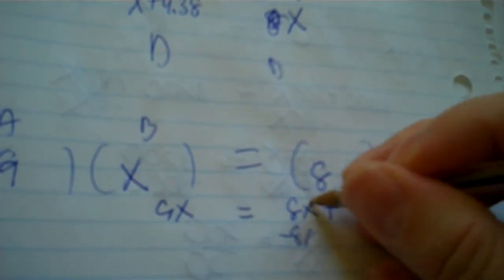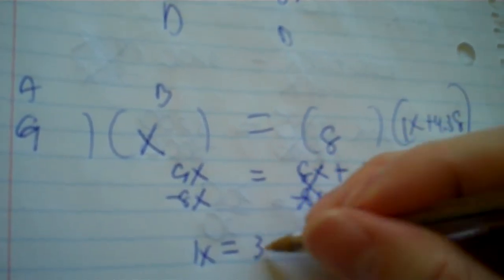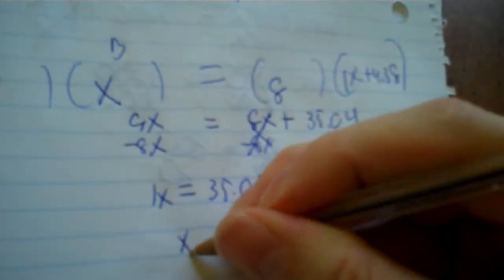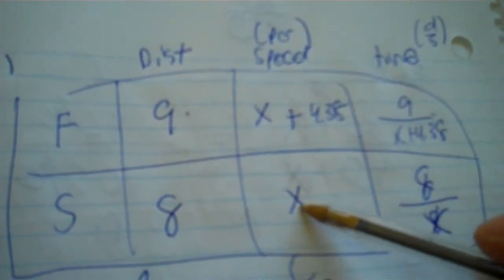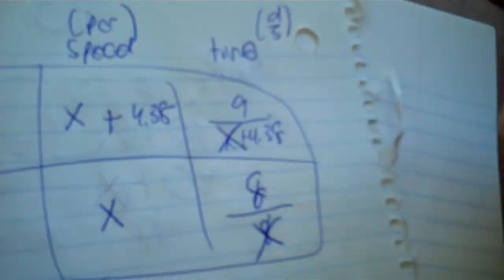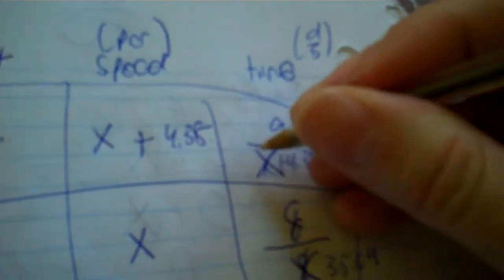So subtract your 8x, so we got 1x equals 35.04. And that's that, but that's not your answer. You got to find the hours. What you just found is the speed of the slower skater, okay? So replace both those x's with 35.04.